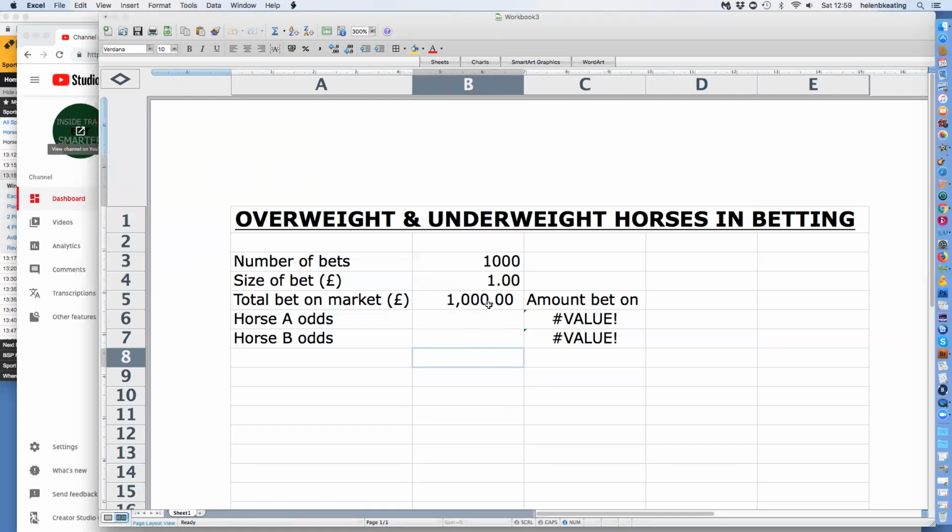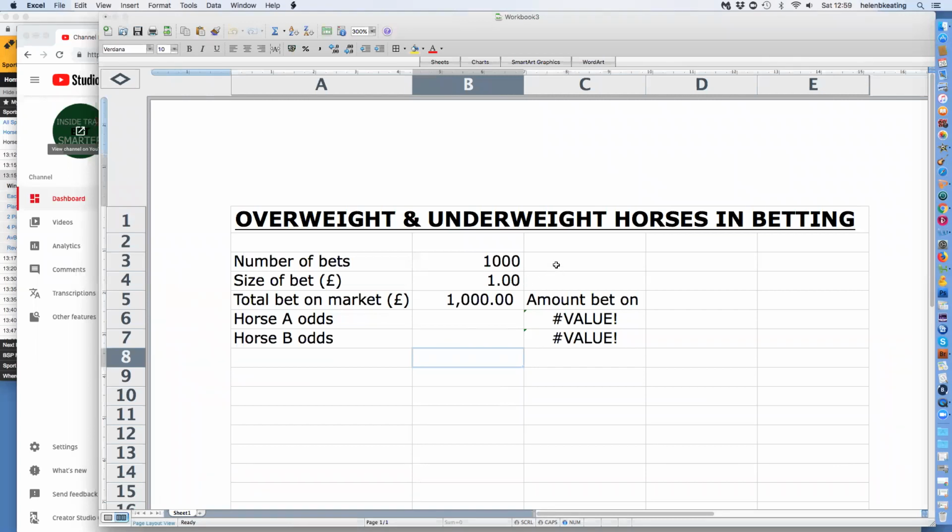How much would we expect to be bet on heads, and how much on tails? The answer is very straightforward. Yes, well done. Half of the money should be bet on heads and half on tails. And the odds of heads is evens and the odds of tails is evens. That's a very, very simple situation. There's no argument about it.